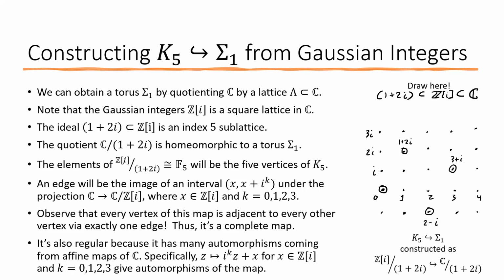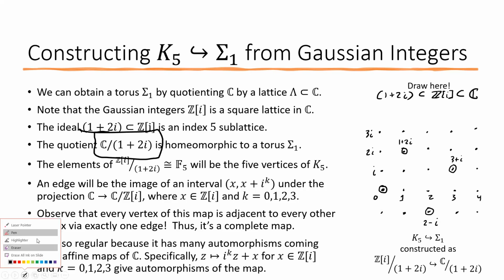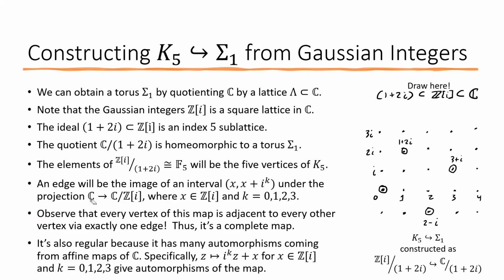I'm going to consider the quotient C mod 1 plus 2i. That's a torus, and I'm getting the torus by identifying sides. Let me try that again. The fundamental domain for this index 5 sublattice is this square.